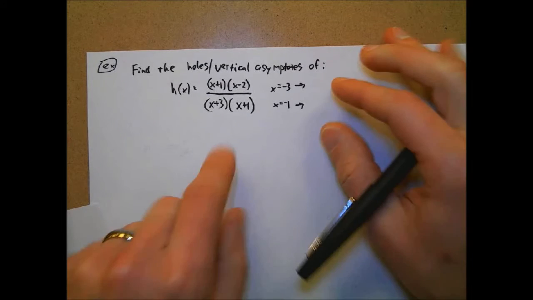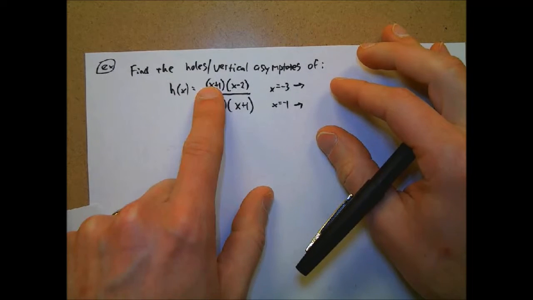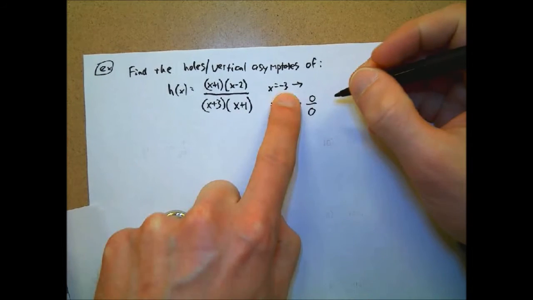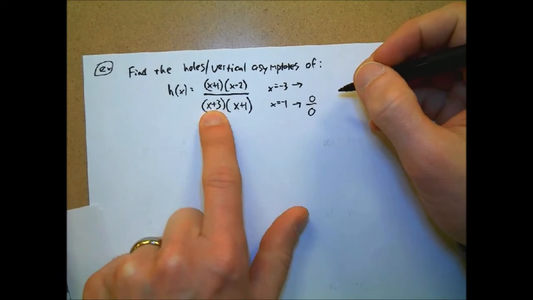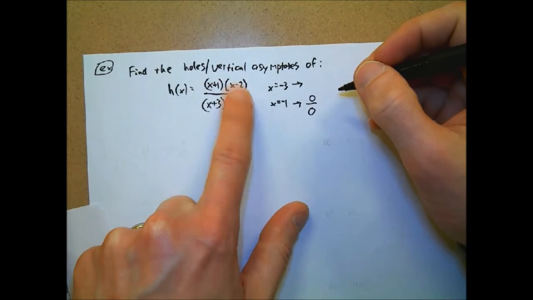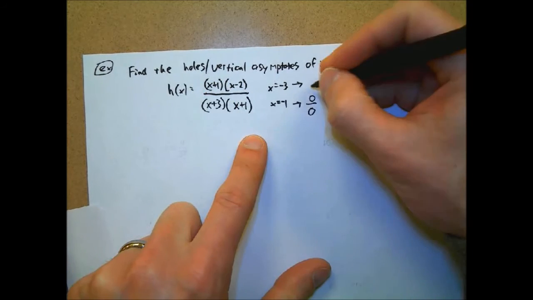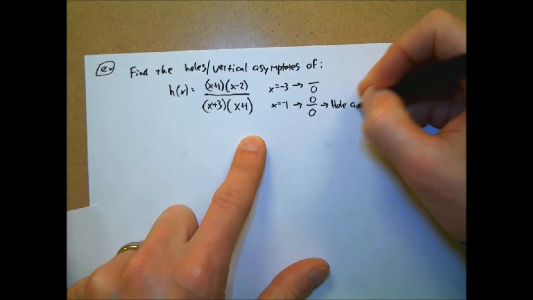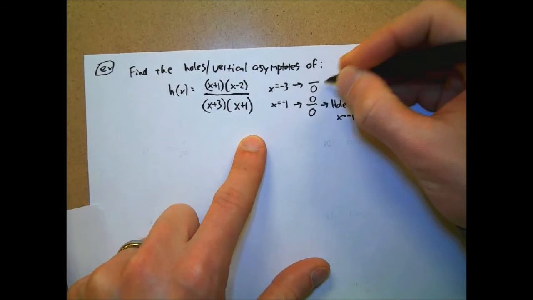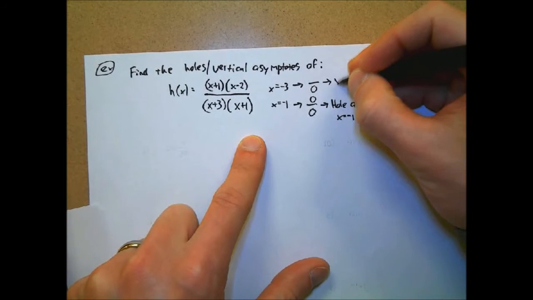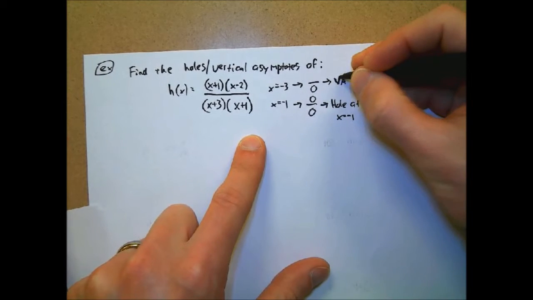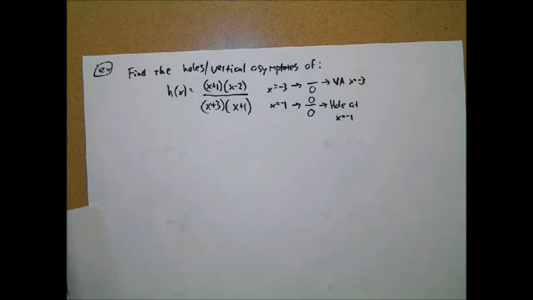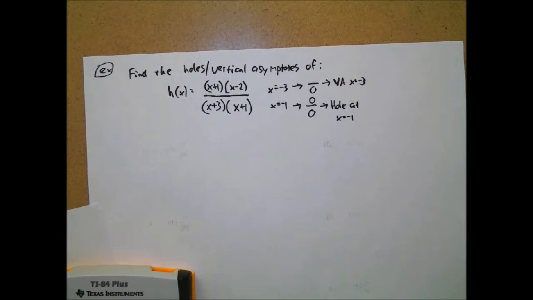Yeah, we get a 0 in the numerator and denominator. This one leads to 0 over 0. Whereas at negative 3, we'll get 0 in the denominator, but if I plug negative 3 into either one of these, they're not going to give me 0. So I'll just have something over 0. So this indicates we have a hole at x equals negative 1, and this indicates that we have a vertical asymptote at x equals negative 3. So two different ways to designate those domain restrictions.